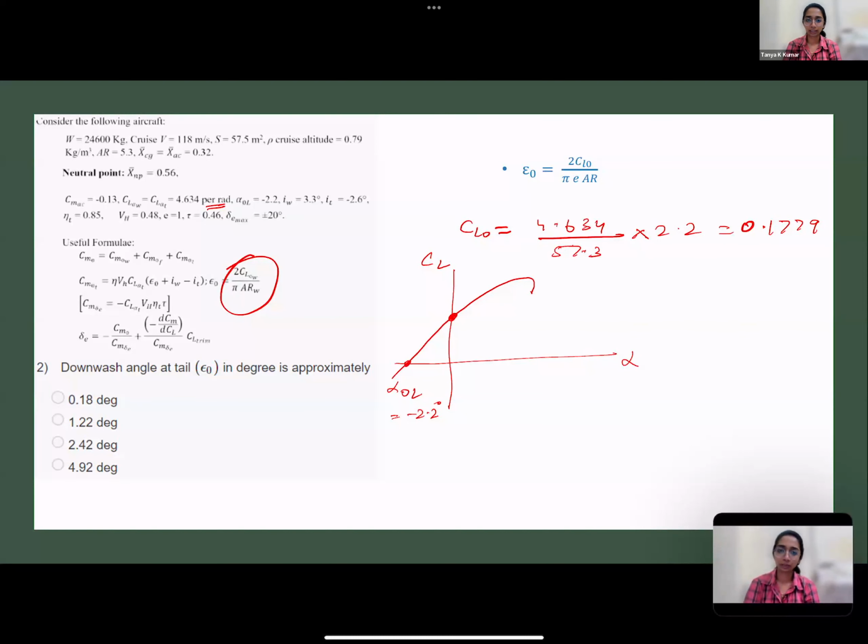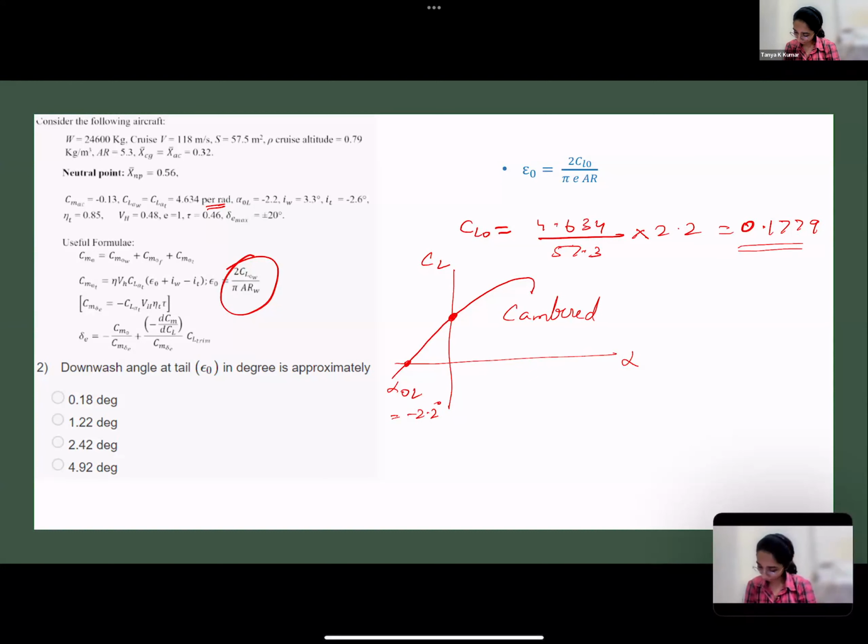Symmetric, cambered, reflex, what is it? It's a cambered airfoil, right? That's why you have lift even at 0 degrees. Okay, so it's a cambered airfoil, and we have positive CL naught. If it was symmetric, it would pass through the origin and your CL naught would be 0.